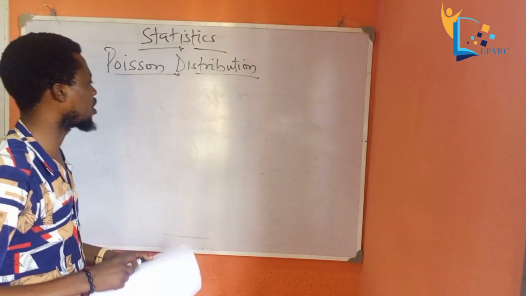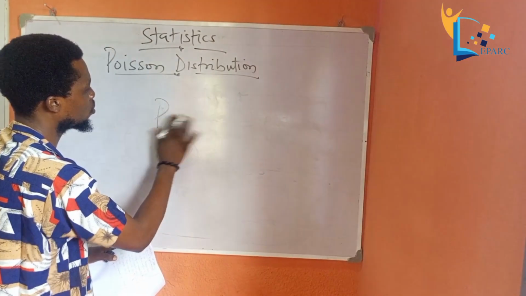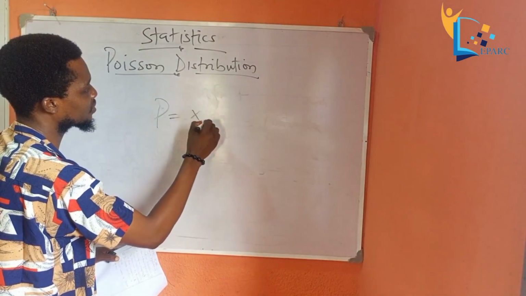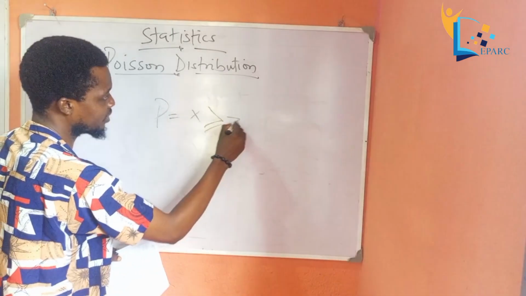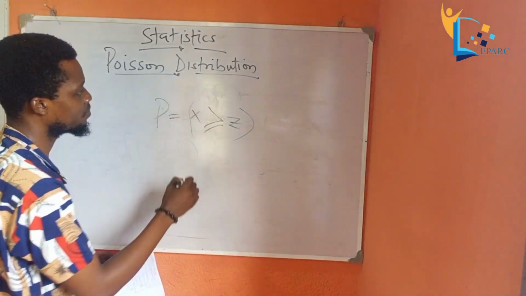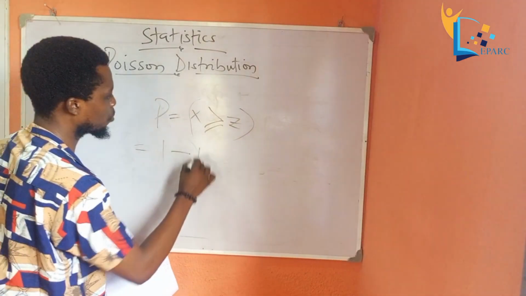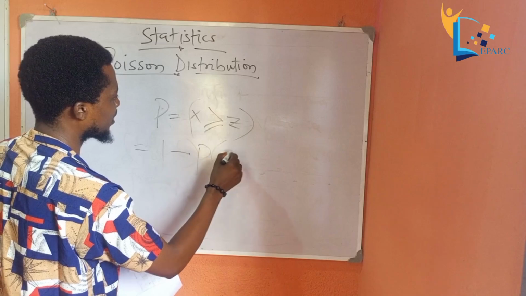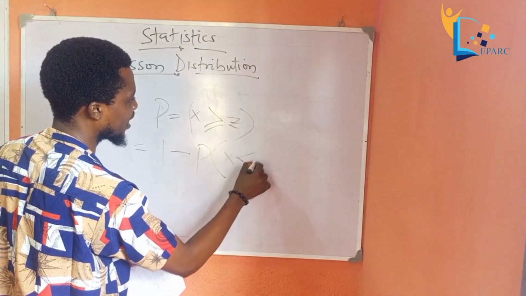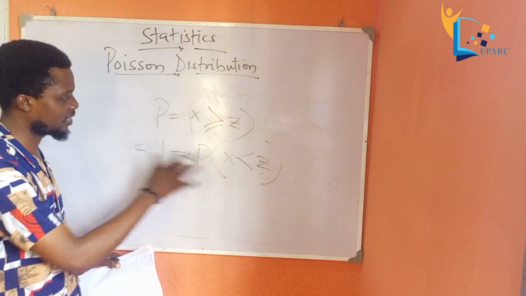I said, when P of x greater than or equal to z, for instance, this can also be rewritten as 1 minus P of x less than z.